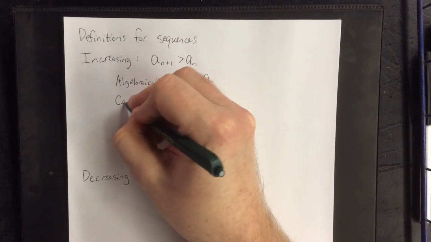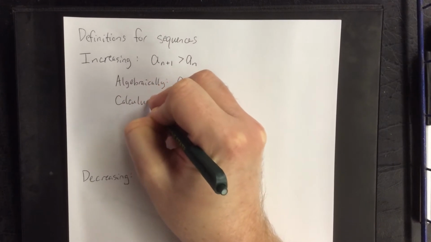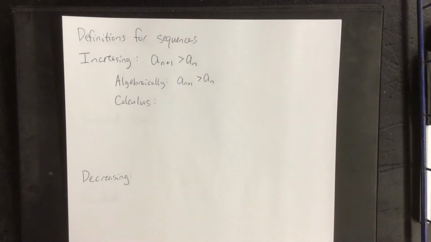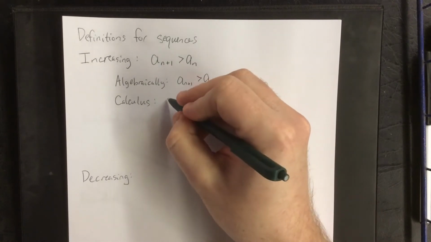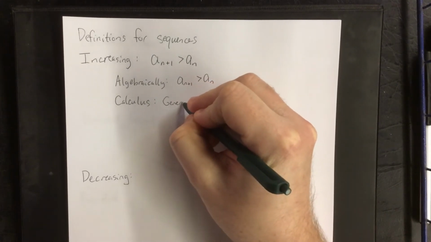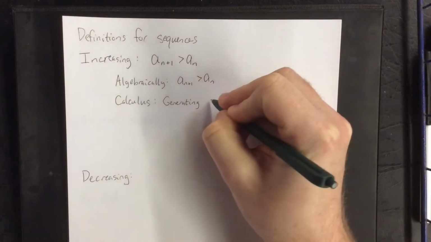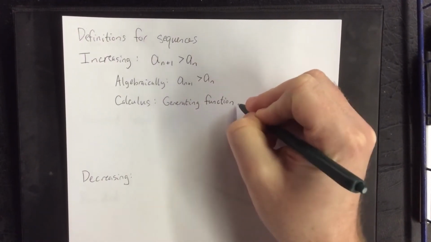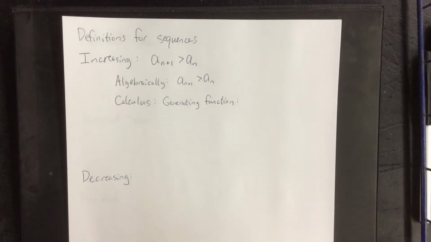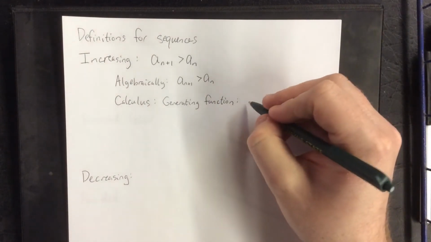There's also a calculus way to show that something is increasing. Now, what we're going to do is introduce the concept of a generating function. The generating function for a given sequence is basically take all of the n's and turn them into x's and refer to that as f of x.